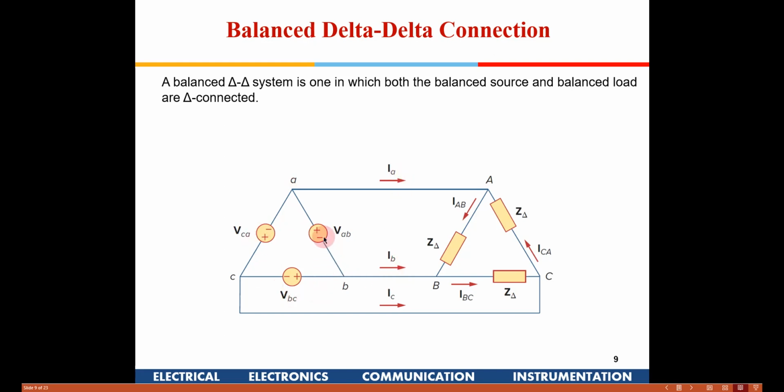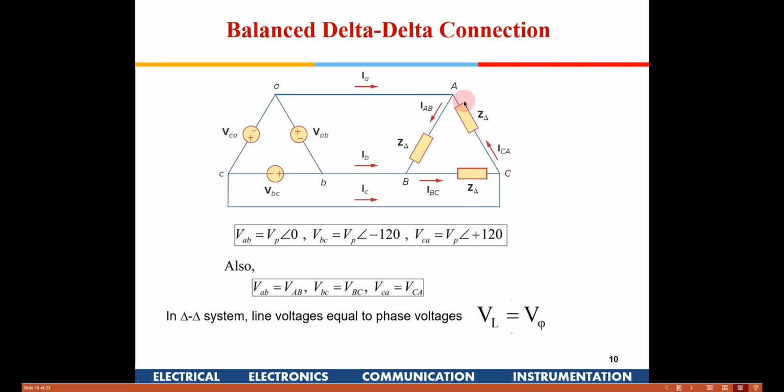So for a delta source, the line voltage and the phase voltage will be the same, whereas for a Y connected source, the line voltage will be √3 times the phase voltage. For a delta connection, the phase voltage and the line voltage are one and the same. What about the current out here? The current is again getting distributed here.